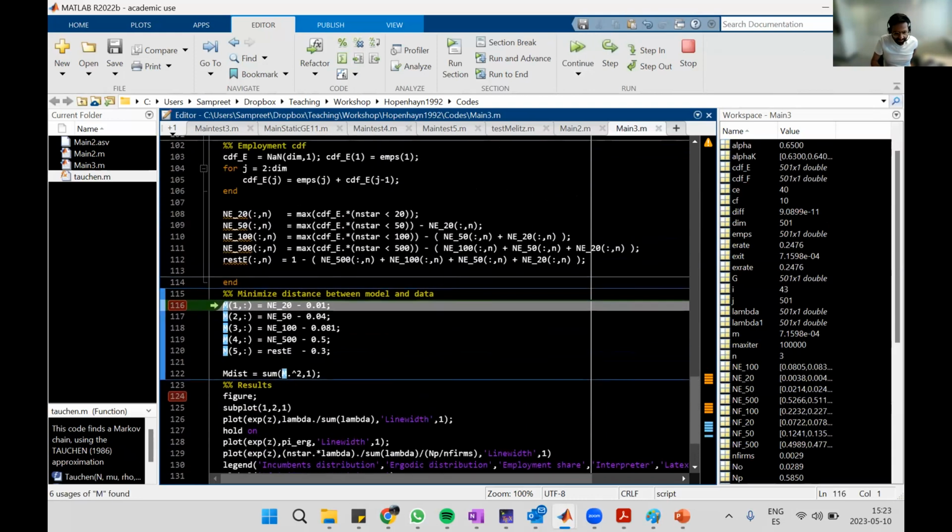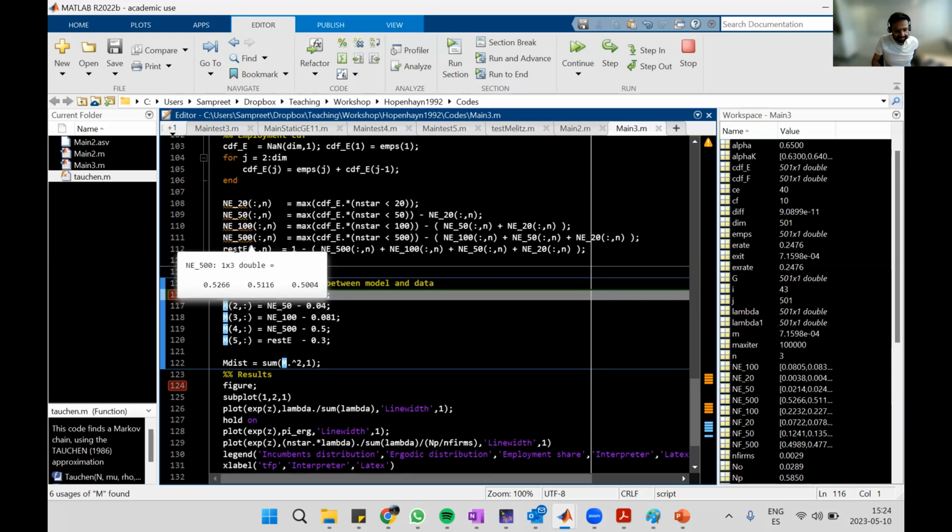So this is the sum of employment of all firms below 20 employees. This is the sum of employment of all firms below 50 employees. This is the sum of employment of all firms below 100 employees. This is the sum of employment of all firms below 500 employees. And this is the rest.